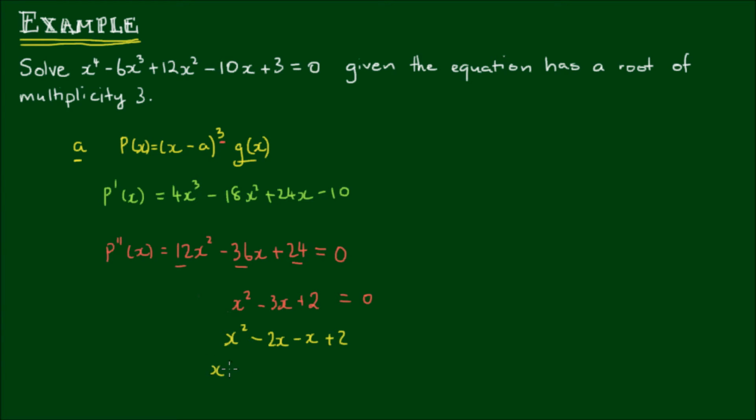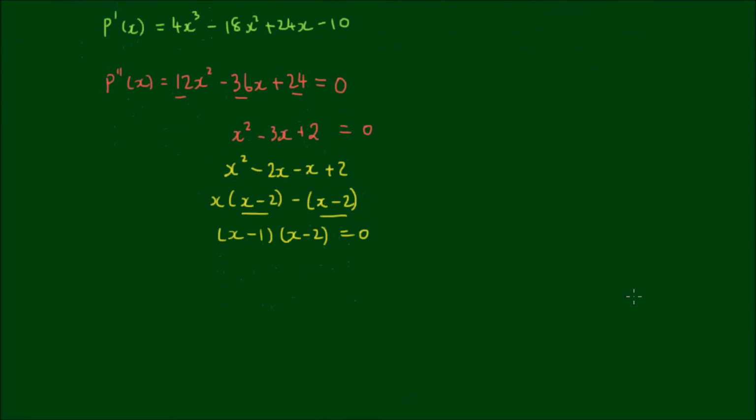And if I factor out an x on the first two terms, I get x outside of x minus 2. And if I factor out a negative 1 in the second two terms, I get negative 1 outside of x minus 2. And of course, if I factorize these two, I get x minus 1 and x minus 2 equaling 0. So the roots of p double prime equals 0 are x equals 1 and x equals 2.